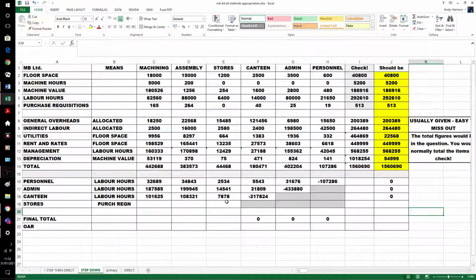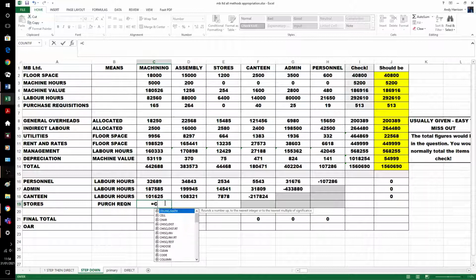So now we've got to get the stores on the basis of purchase requisitions into the machining and assembly departments. Purchase requisitions are little bits of paper you walk up to stores with, or a computer generated instruction to send something somewhere. So we need the purchase requisitions first. We only need in the first part just the requisition for the 2 departments.